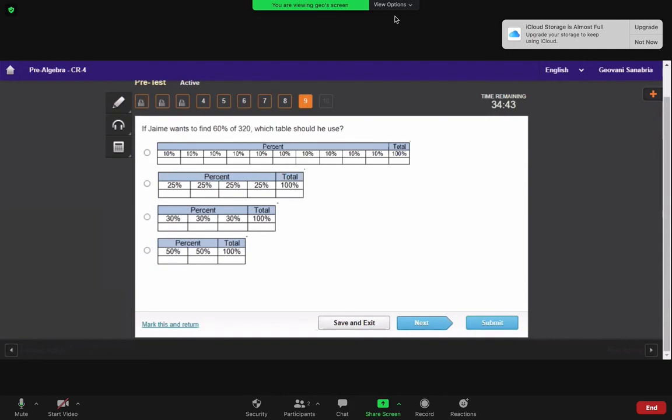And then 25 plus 25 plus 25 would be 75%. And then the next would be 100%. So not the second one. The third, you could get 60, but 30 plus 30 plus 30 doesn't equal 100. It equals 90. So I think it's the first one.